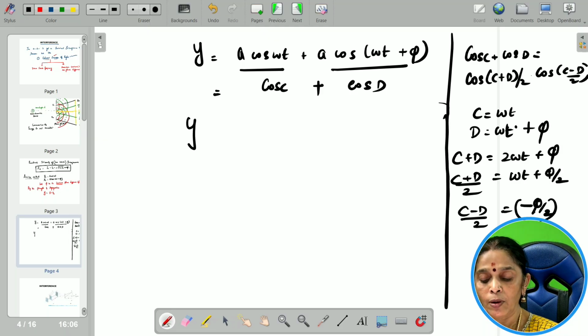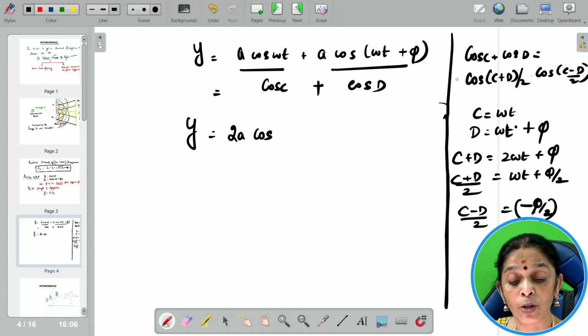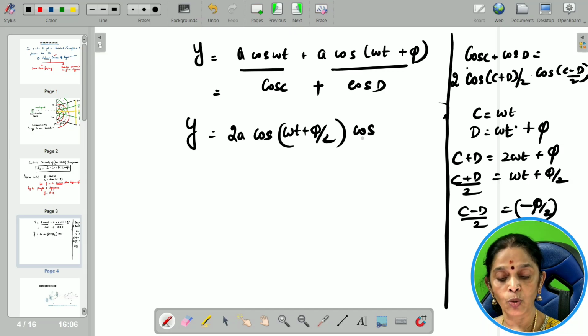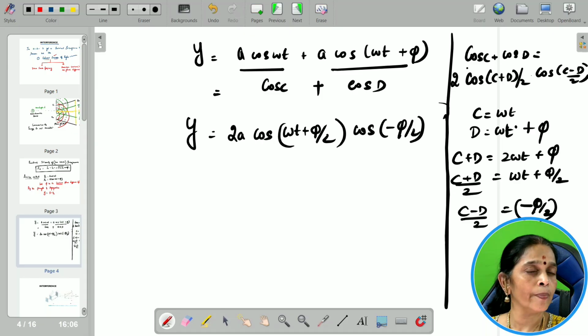So I am going to substitute the same thing here. y will be equal to 2a cos of C plus D by 2 into cos of C minus D by 2. So 2a cos of omega t plus phi by 2 into cos of minus phi by 2. Children, what is cos of minus theta? You must have learnt in mathematics, cos of minus theta is cos theta.